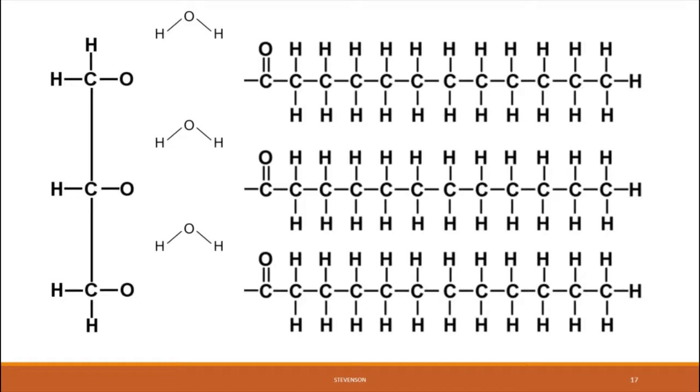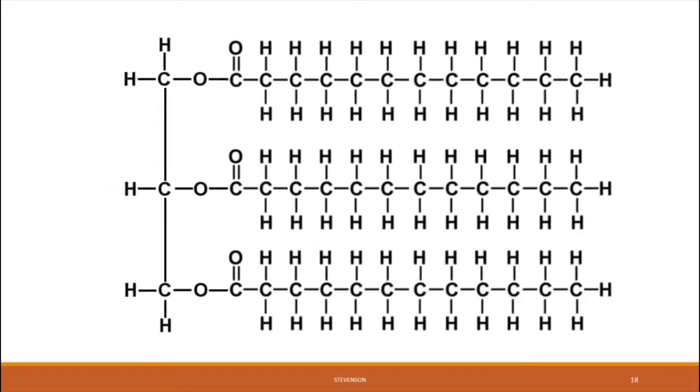There's your dehydration. And this leaves the glycerol and the fatty acids open and available to form new bonds to each other to fill the place of what they've lost. Once that is complete, here is what your triglyceride looks like. Again, we have a single glycerol molecule on the left-hand side that is attached to 3 fatty acid chains.